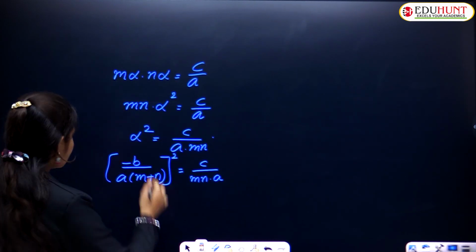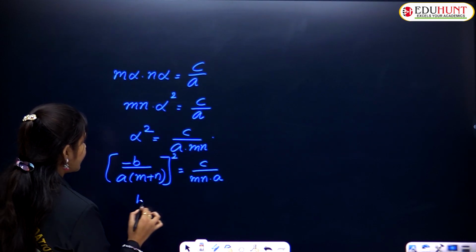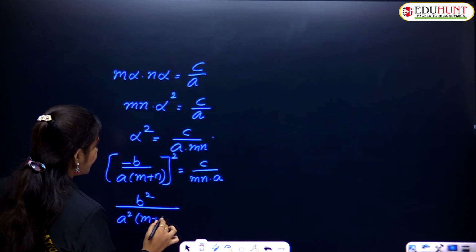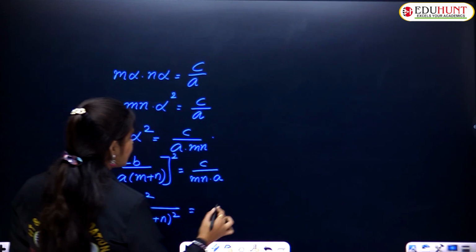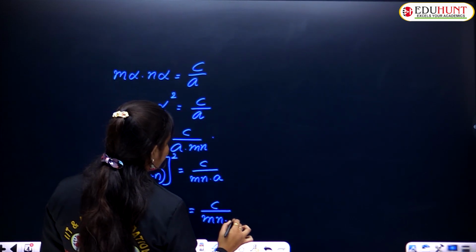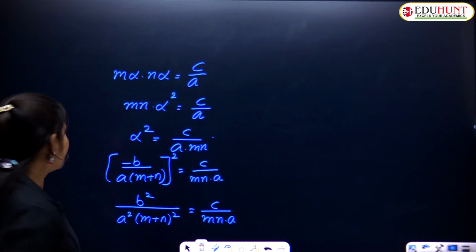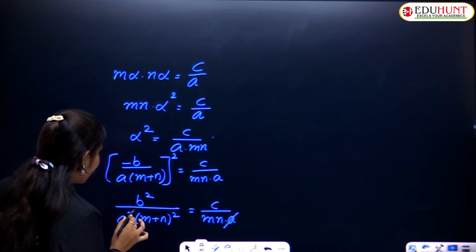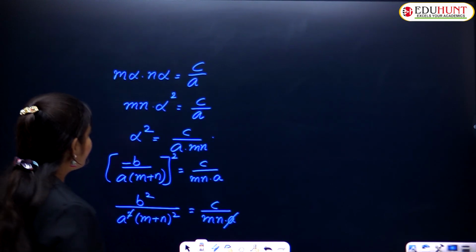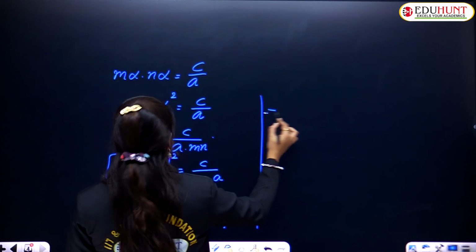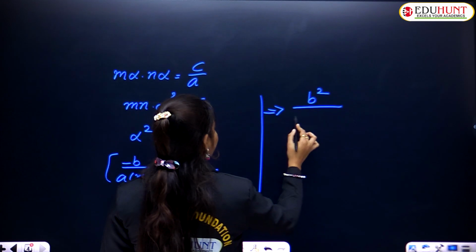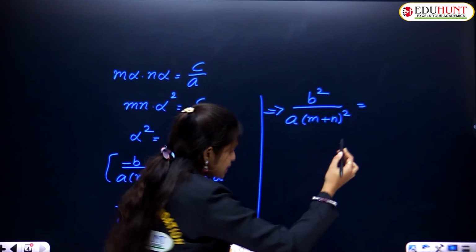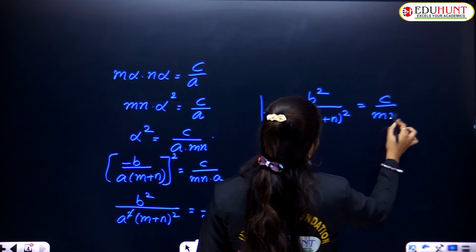Simplifying, b square by a square into (m plus n) whole square is equal to c by mn into a. One a gets cancelled, so b square by a into (m plus n) whole square is equal to c by mn.